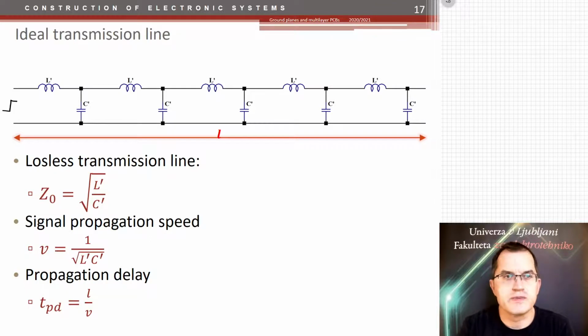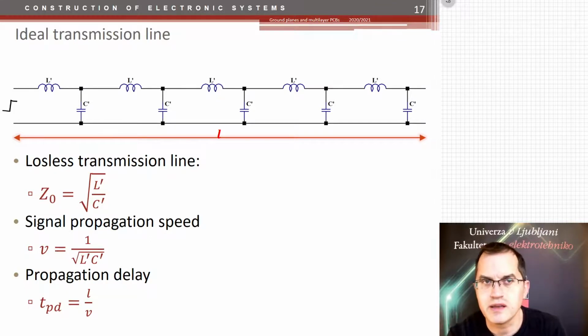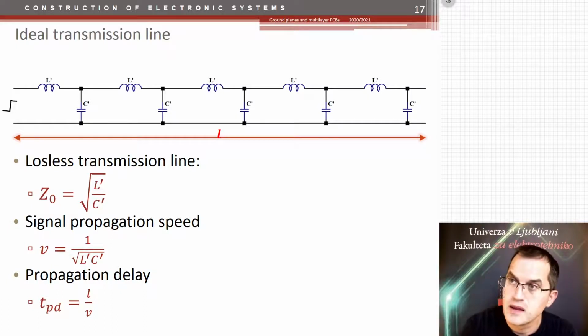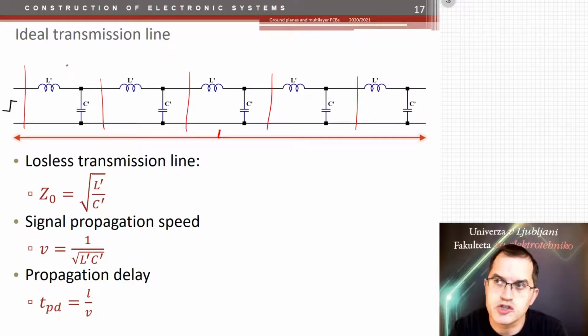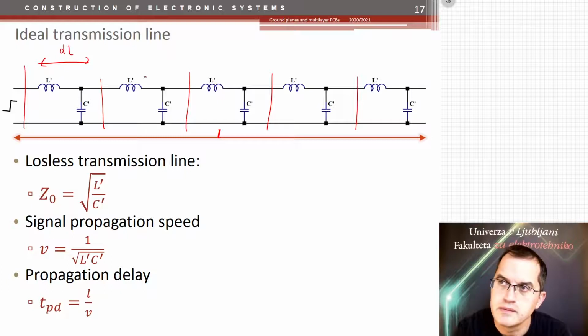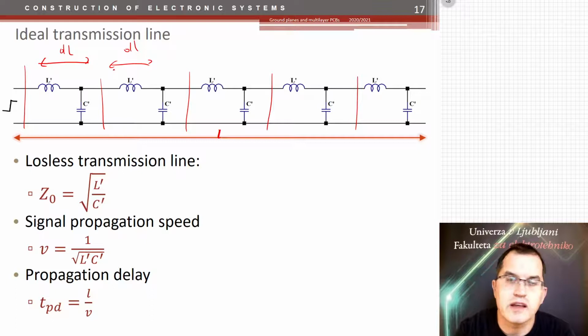An ideal transmission line in electrical circuits can be represented as an LC continuous ladder. So these L's and C's are actually the lumped elements representing a short piece of transmission line, dL, and these pieces should be as short as possible, dependent on the wavelength of the signal, of course, but much shorter than the wavelength of the signal.